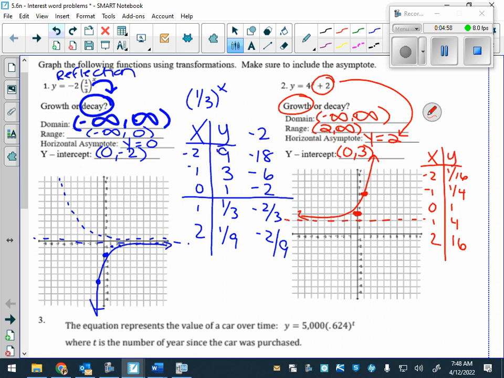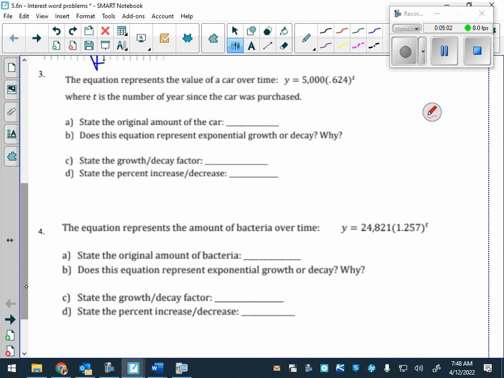Then we get into our functions, our models here. Anytime it asks for an exponential growth or decay model, this is what it would be. Your model does not have your t value, like any years, in that exponent.